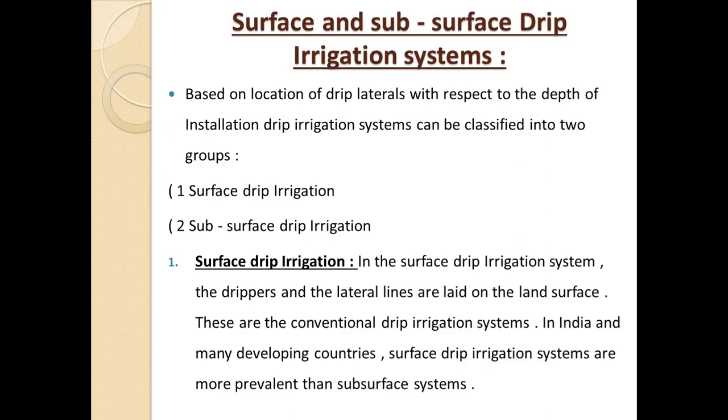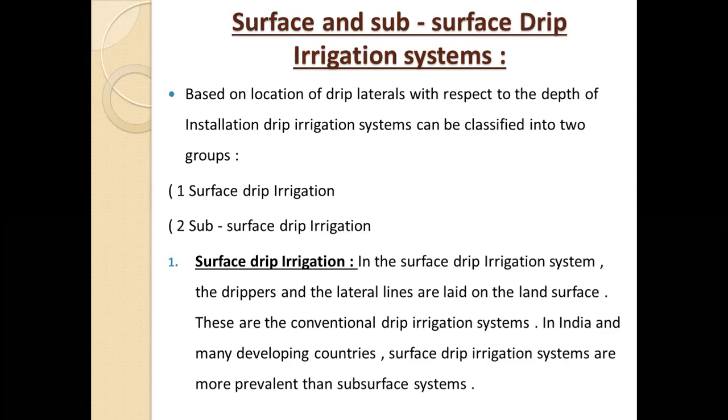Next is surface and subsurface drip irrigation systems. Based on the location of drip laterals with respect to the depth of installation, drip irrigation systems can be classified into two groups. The first one is surface drip irrigation, and the second one is subsurface drip irrigation. In surface drip irrigation, drippers and lateral lines are laid on the land surface.